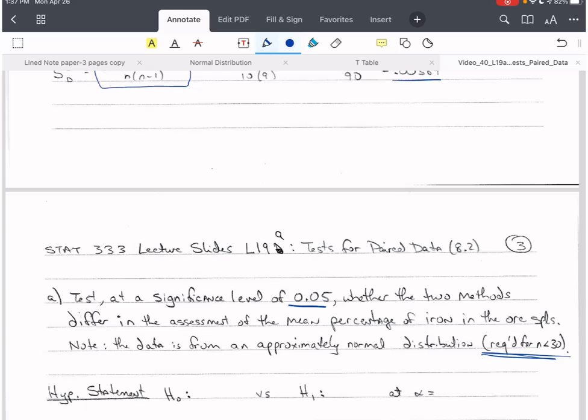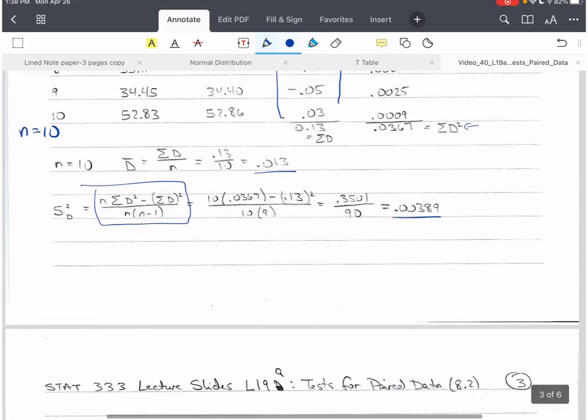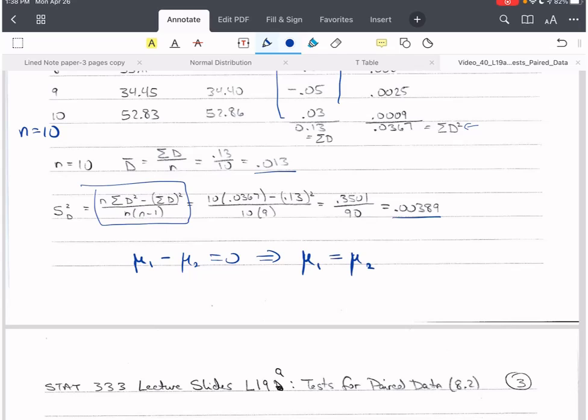So the hypothesis statement, this is going to be mu sub d is equal to 0. Why 0? Because we're saying that there's no difference. That's going to be mu 1 minus mu 2 equals 0, which implies that the mean of 1 equals the mean of 2. Okay?